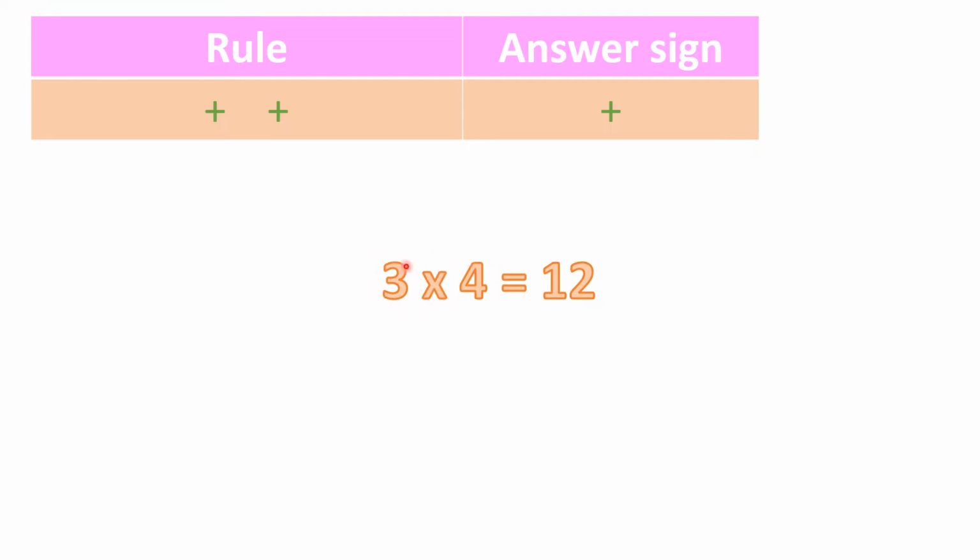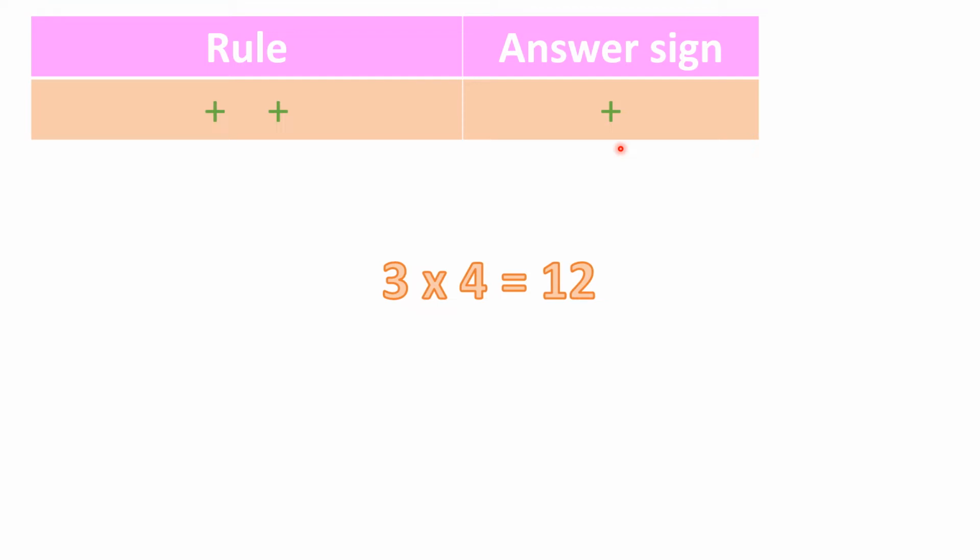So when you multiply 2 positive integers, you get another positive integer as your answer, right? Plus sign, plus sign, plus sign. So that is what this rule is.